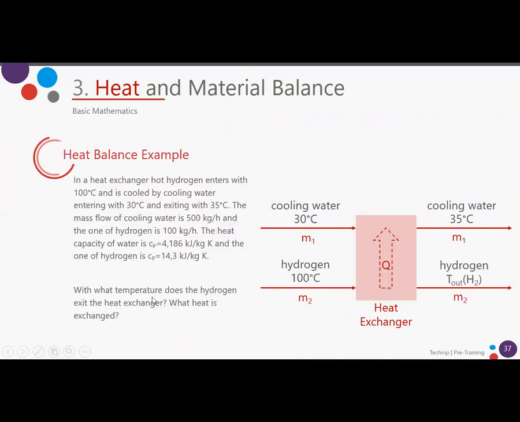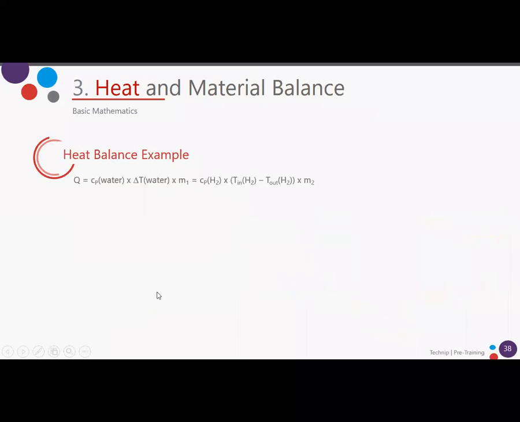And we want to know what heat is exchanged, Q. So for the heat exchange, we have a very simple equation. The heat exchange is the heat capacity of water multiplied by the delta T, which is the difference between inlet and outlet temperature, and the mass of water.